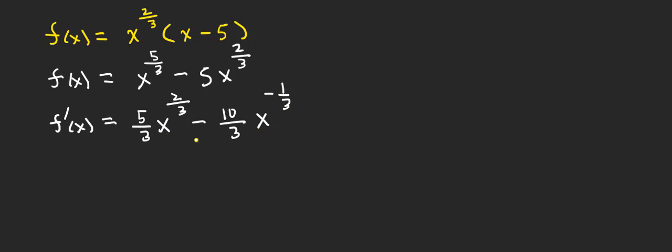Now we could factor this out. What is the greatest common factor here? Well, 5 over 3 and 10 over 3. Whenever you take out the coefficient, always choose the smaller. So I'm going to take 5 over 3 out. And what about the variable? You choose the smaller exponent, which is negative 1 over 3.